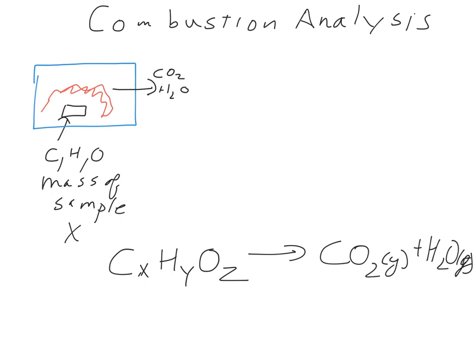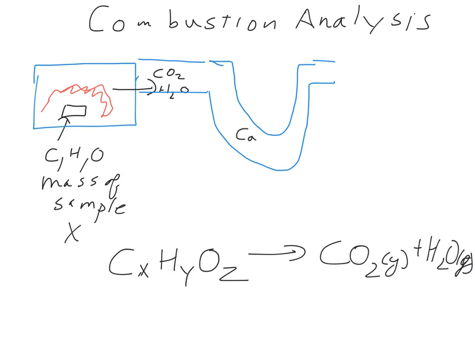It comes out of the combustion chamber and into a collection chamber. That collection chamber will usually consist of a series of glass tubes, kind of U-shaped. And in the first glass tube, you'll have something that's really attracted to water. Usually, calcium chloride is pretty commonly used. It has a high affinity for water molecules. So you have this tube with calcium chloride in it.